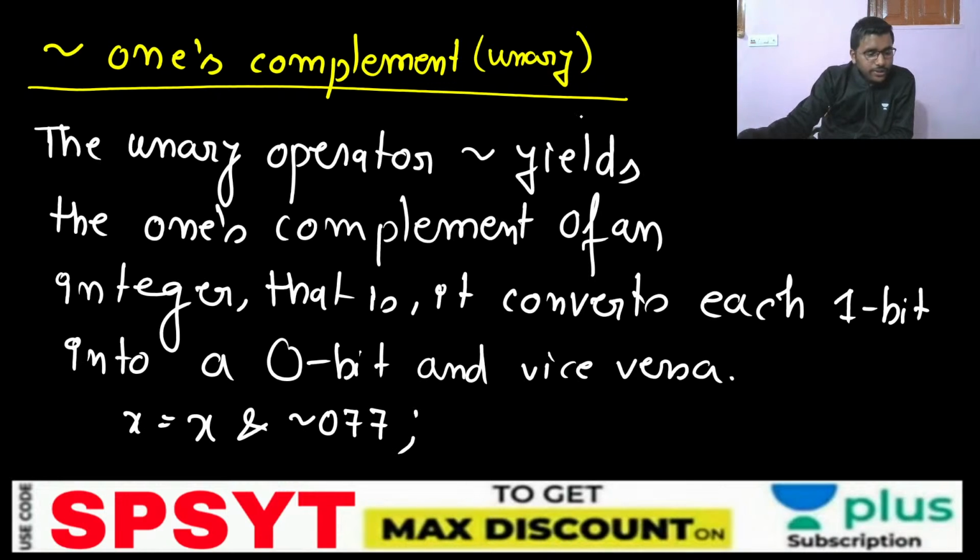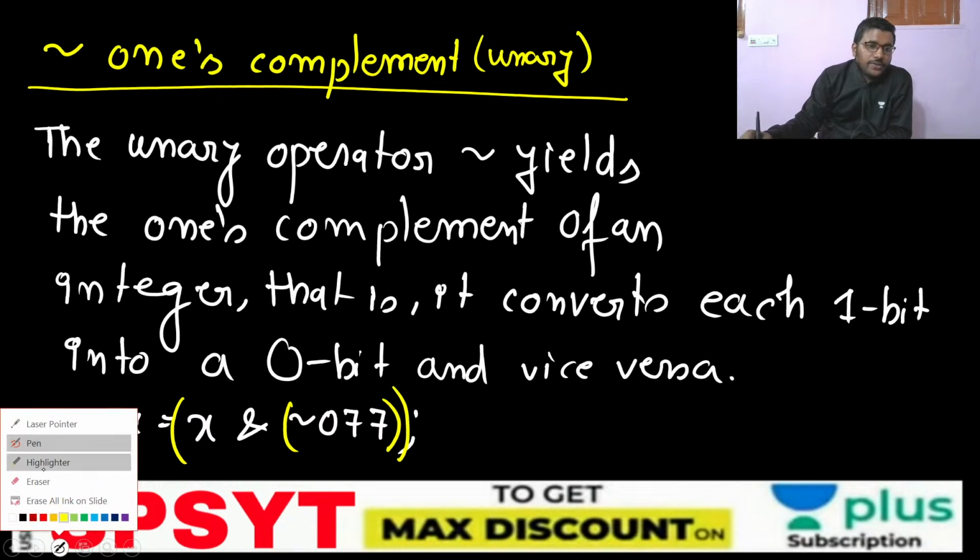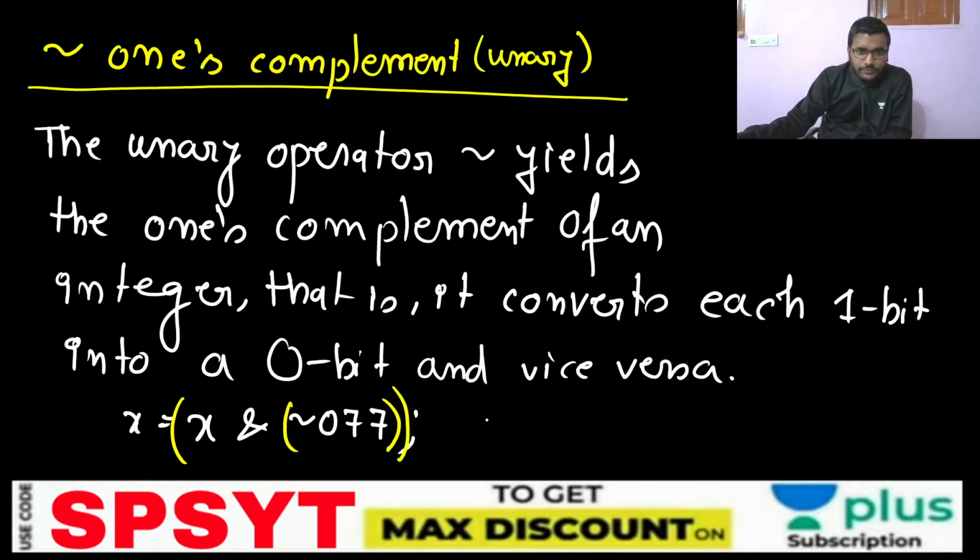Now see, this is a unary operator. A unary operator has a higher precedence, so first the negation will happen, then the other operation. So it will be all 1 bits, and the last 6 bits are going to be 0.